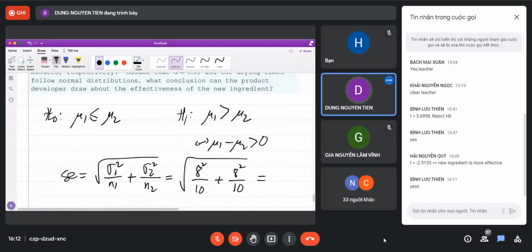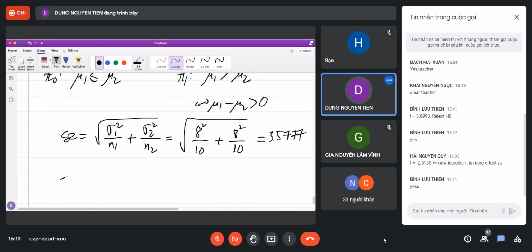Taking the square root of 8 squared over 10 plus 8 squared over 10, the standard error is 3.5777.